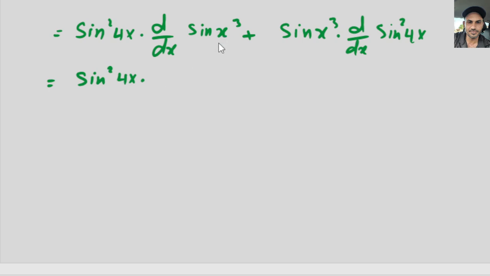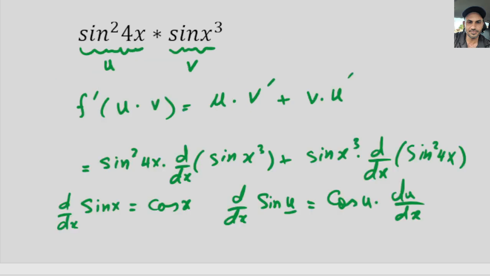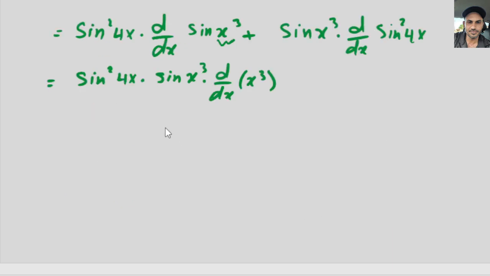Here x cubed is the little u that we just did in the chain rule, so we get cosine of x cubed times the derivative of x cubed. Sine of u is cosine of u times the derivative of this function. Plus, here we get sine of x cubed times d over dx.